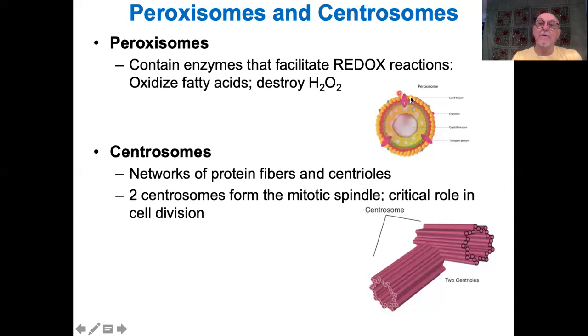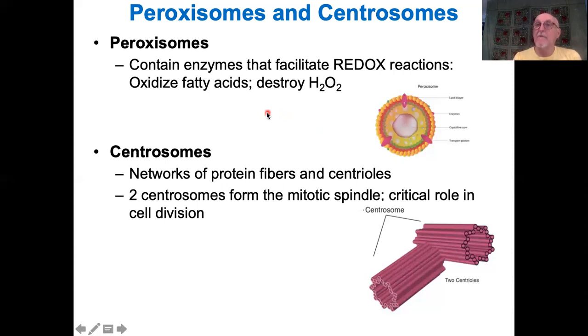It turns out that the peroxisomes actually have numerous functions. And one of them is to break down the fatty acids. You'll remember when we talked about phospholipids, we said those tails, the phospholipids, those are fatty acids, the long hydrocarbons. And those are fatty acids.